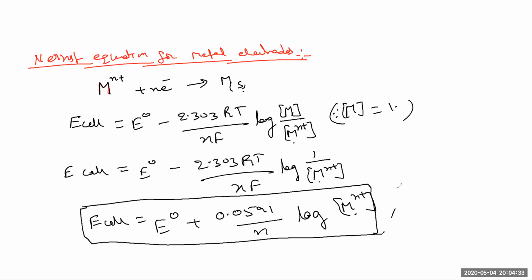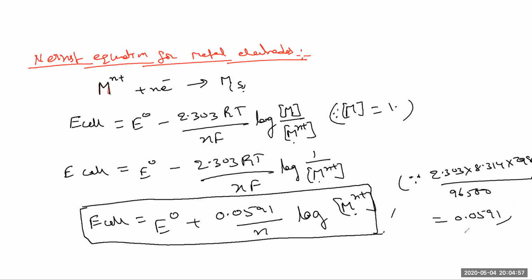So what is the Nernst equation for metal here? Take 2.303, R value 8.314, T value 298, and F means Faraday. What is the Faraday value? 96,500. By calculating all these values it becomes 0.0591 only.